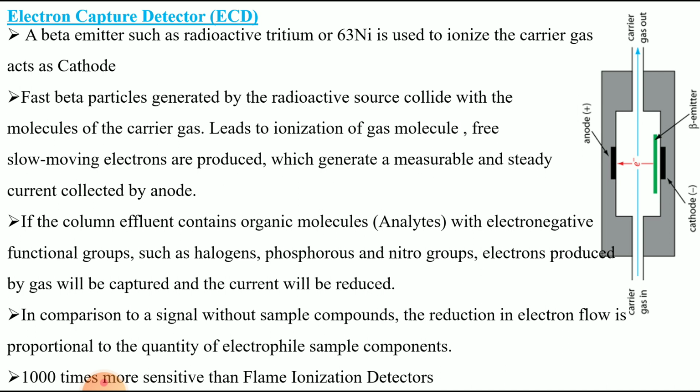In comparison to the flame ionization detector, the electron capture detector is 1000 times more sensitive. In this way, the electronegative atoms capture electrons and interfere with the flow of electrons and current. That's why we call it the electron capture detector.